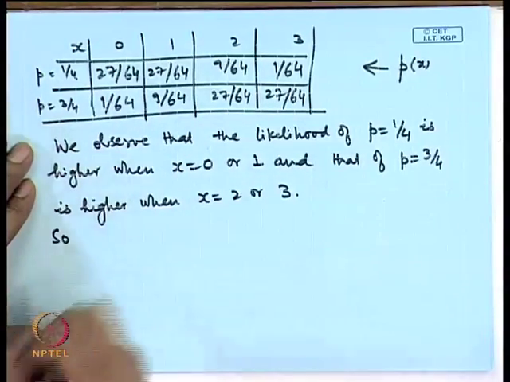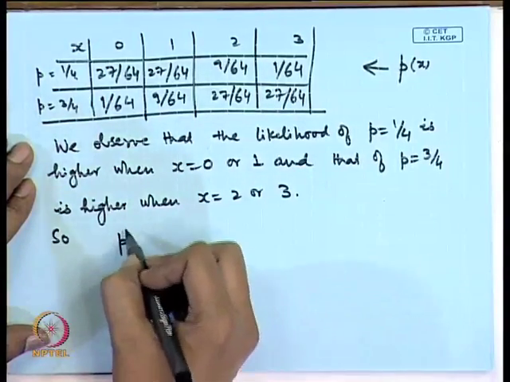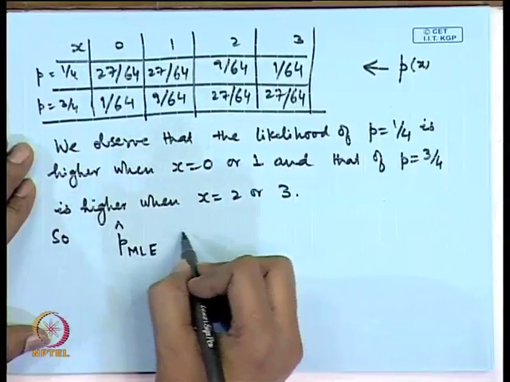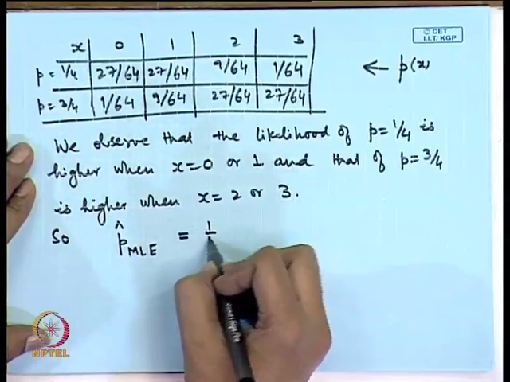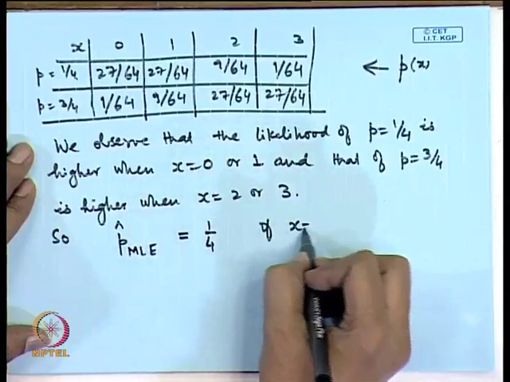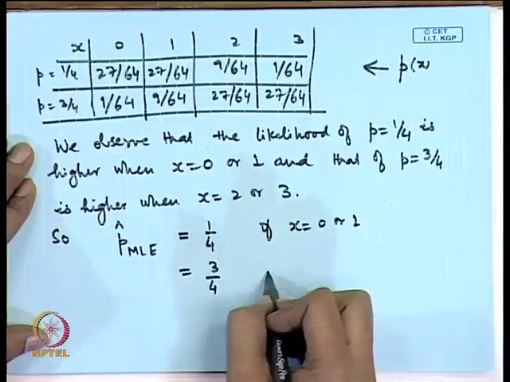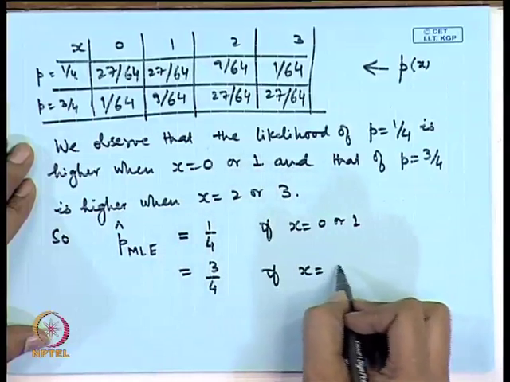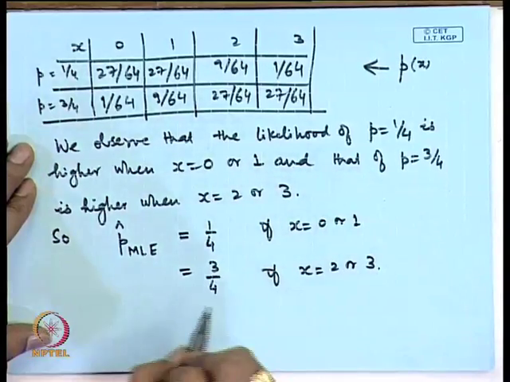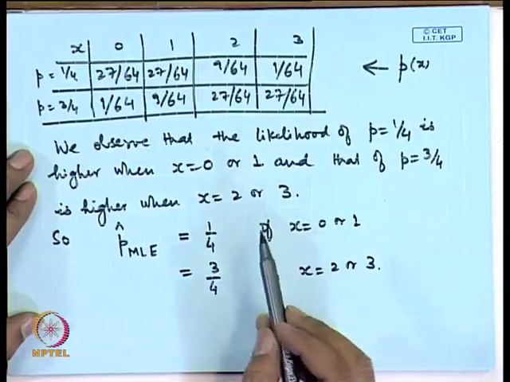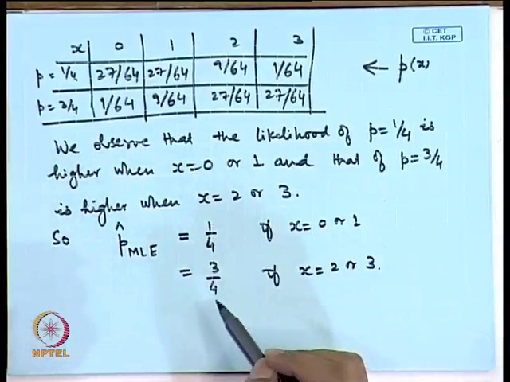So, the maximum likelihood estimator for p can be written as 1/4 if x is equal to 0 or 1, and it is equal to 3/4 if x is equal to 2 or 3. Now, this is the mathematical part of it. Let us look at the physical interpretation.